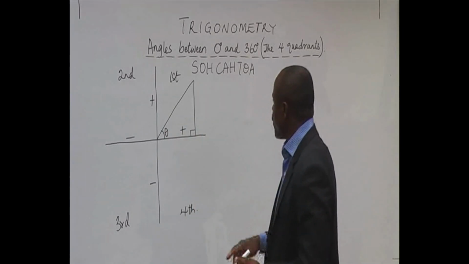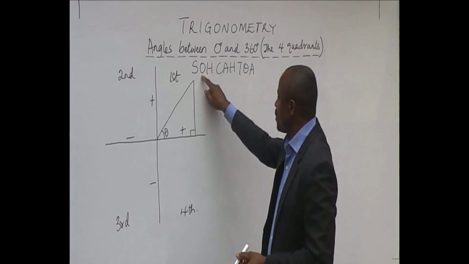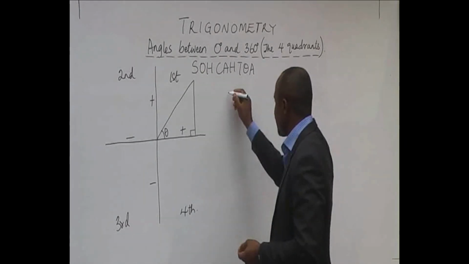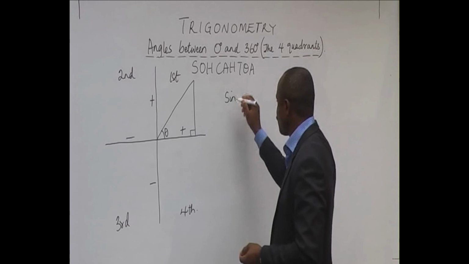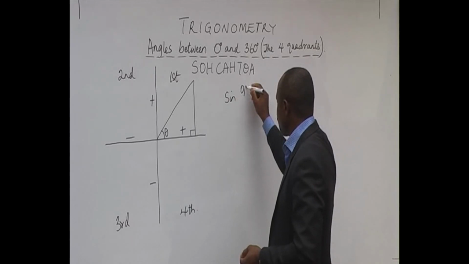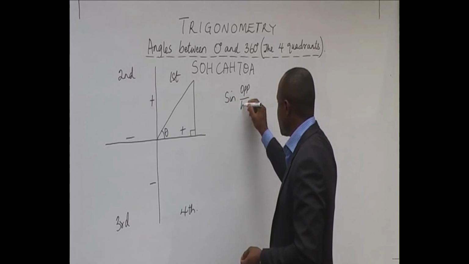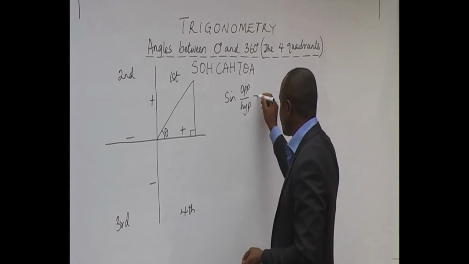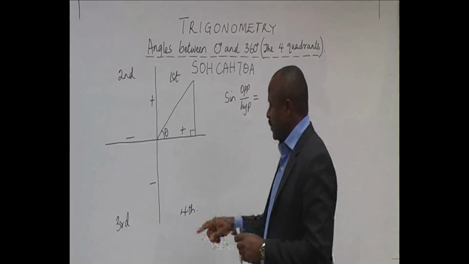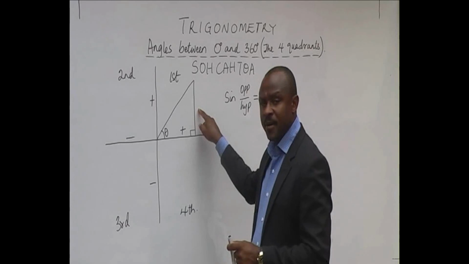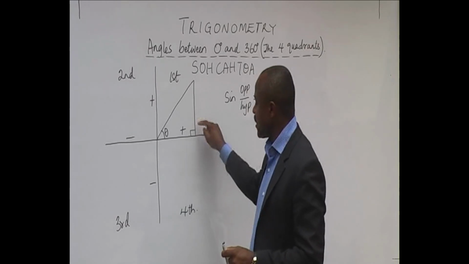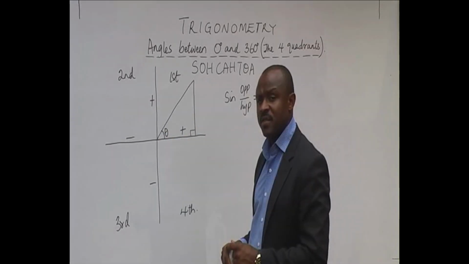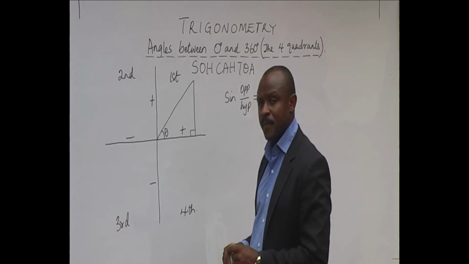Now, we said that sine is opposite over hypotenuse. So let's write sine: opposite over hypotenuse. The opposite of this triangle is representing the positive side of the y-axis.